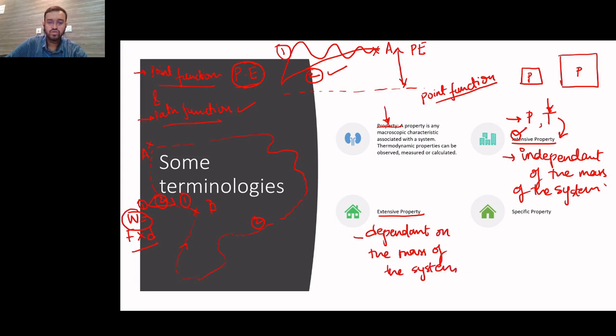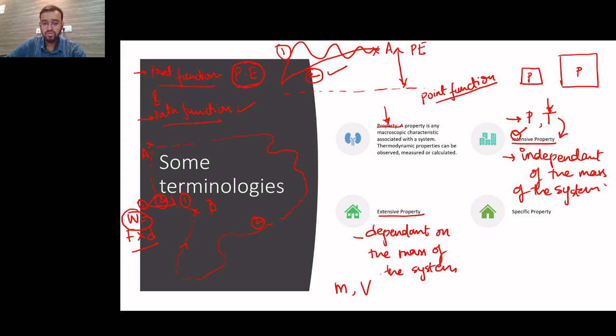All right. So you have got intensive properties which are independent, and extensive properties which are dependent. Now, examples of extensive properties are, first of all, mass itself. Yes, mass. The more mass, obviously, you have, the greater its value. Then you have something like volume.